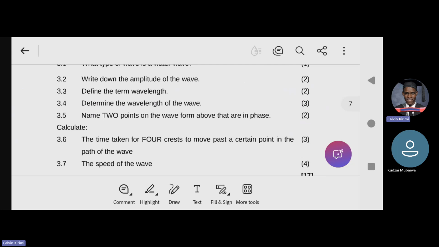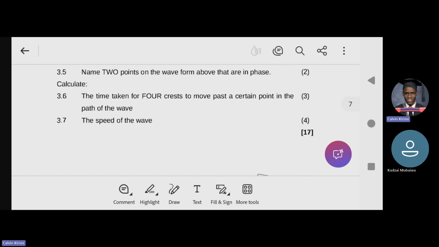What was the time taken for 4 crests to pass a certain point in the path of the wave? So which formula are we going to use? T is equal to 1 over F. Okay.